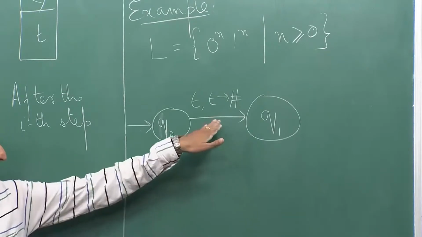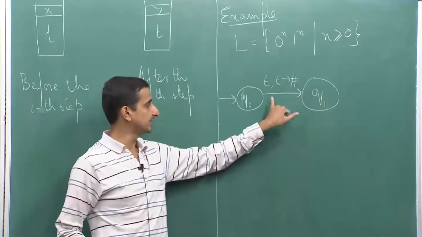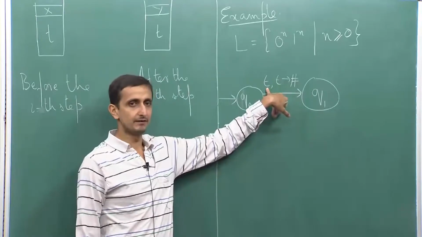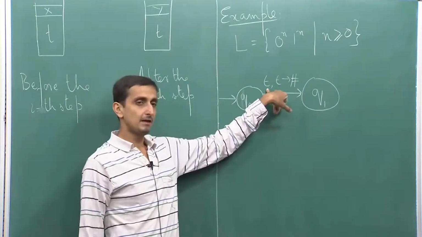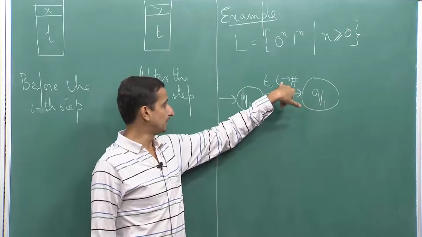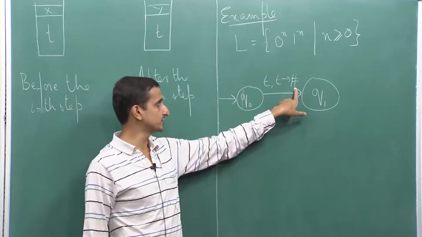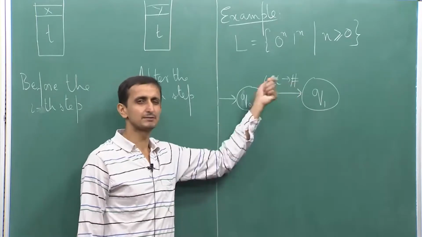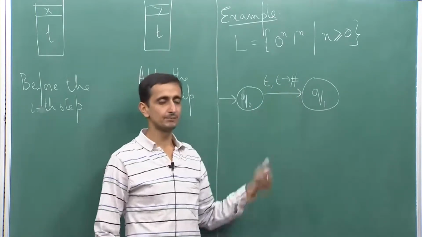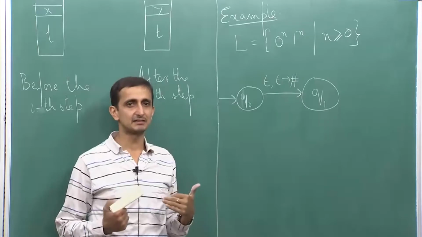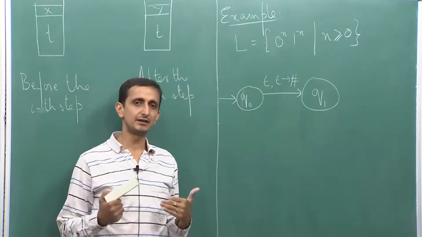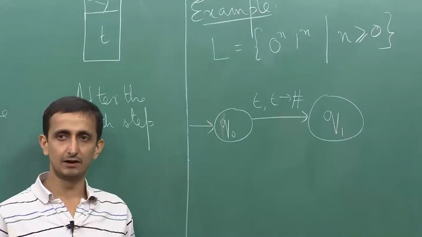Let us try to understand this. This transition means that I do not read any input bit, I just see epsilon, but by reading nothing from the stack, I push hash onto it. This symbol will be used to check whether the end of stack has been reached or not, because finally we need to check whether we have reached the end of stack.